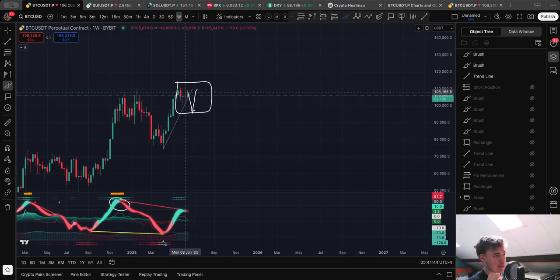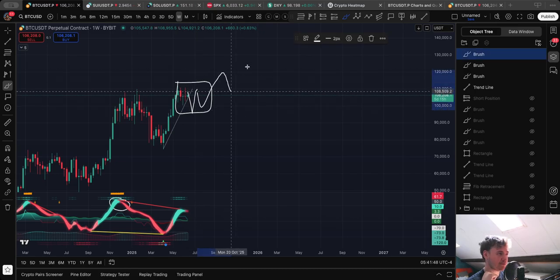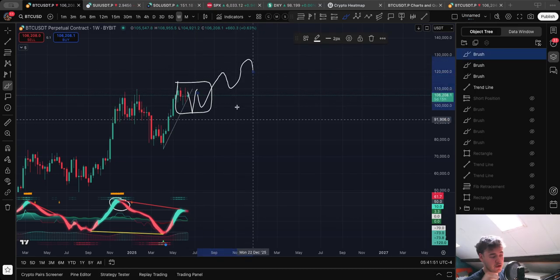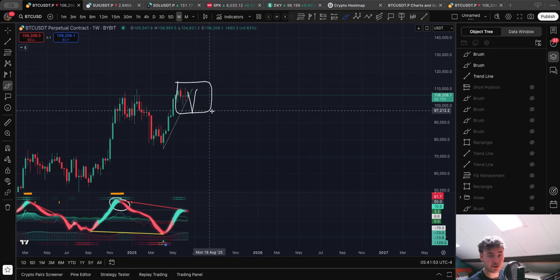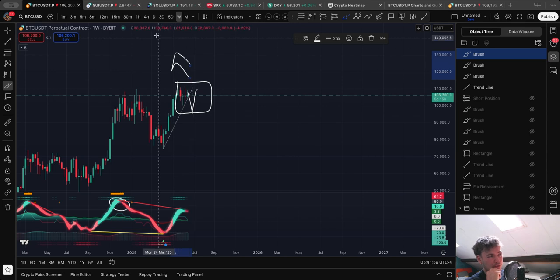So ranging right here, and then potentially that bounce that we are expecting, or maybe we go to 0, who knows, right? But this is scenario A that I think, and I kind of hope it will happen.